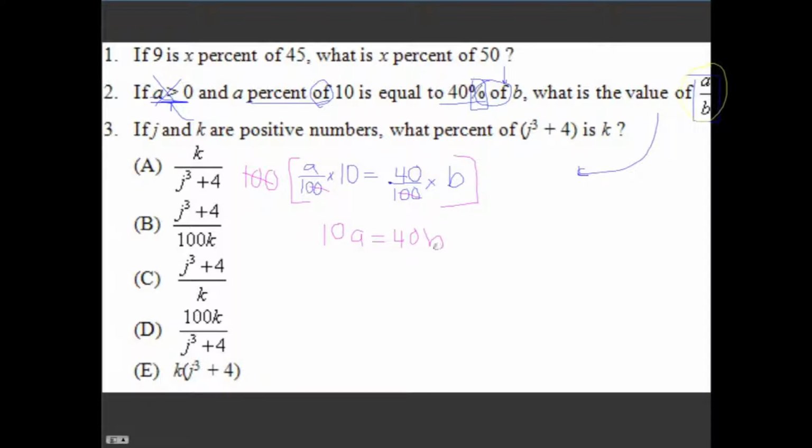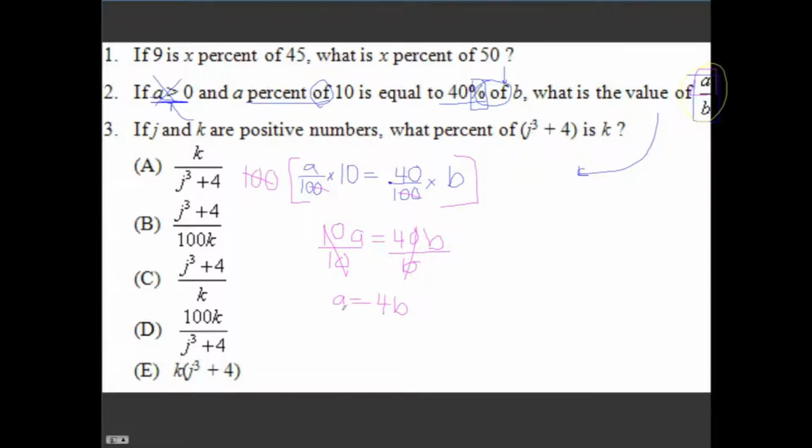All right, so again, if we go back, we know we're trying to find A over B. So first, I'm just going to divide both sides by 10 to simplify our expression. So now we have 1A, or just A, equals 4B. That is our expression right now.